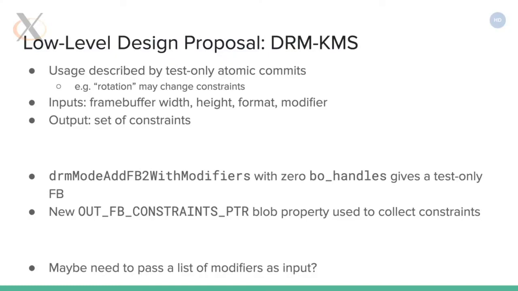So to be able to give constraint sets, KMS needs the whole KMS configuration for all CRTCs, planes, and everything like this. So in our proposal, KMS takes the whole KMS configuration plus the frame buffer width, height, and format modifier.